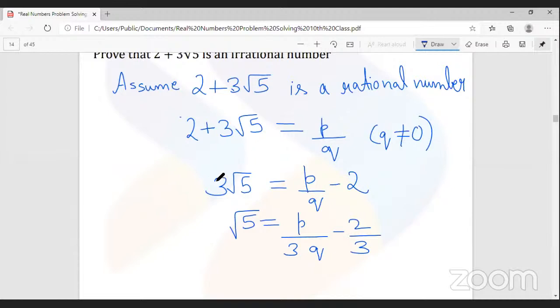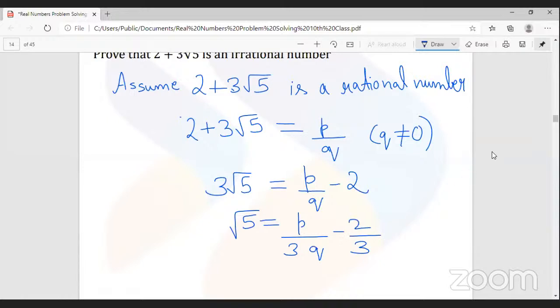So now I subtracted 2 from both sides. So this side becomes 3 root 5 and this becomes P by Q minus 2. Okay, and then I divided both sides by 3. So then what I get is root 5 equals P by 3Q minus 2 by 3.